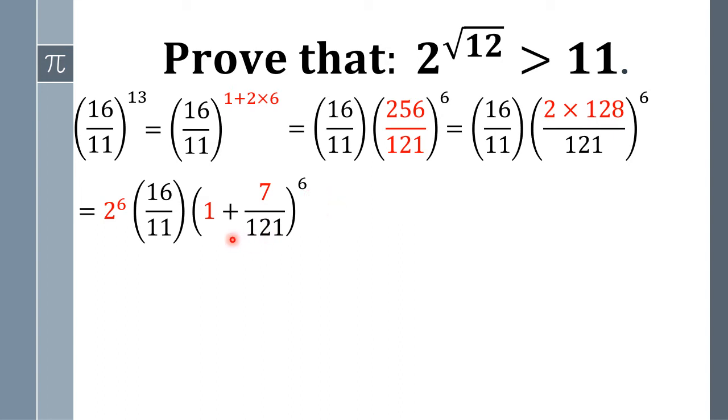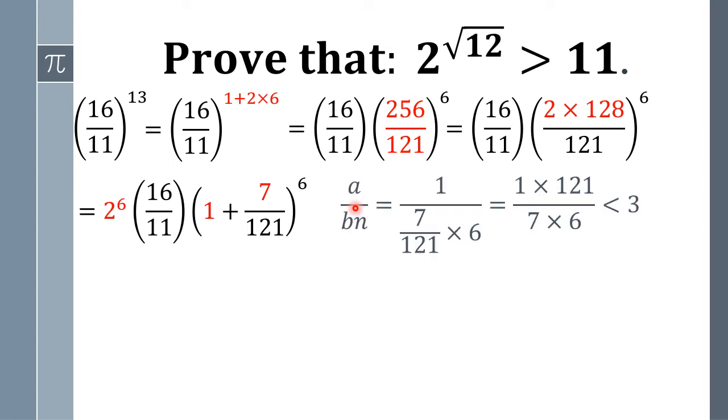And this one, we need to use the binomial expansion to estimate its value. Before we go ahead, let's do a quick calculation of a over b^n, which is less than 3. This is not a very big number, so we might need to calculate the first 3 terms of its binomial expansion to get a good approximation.